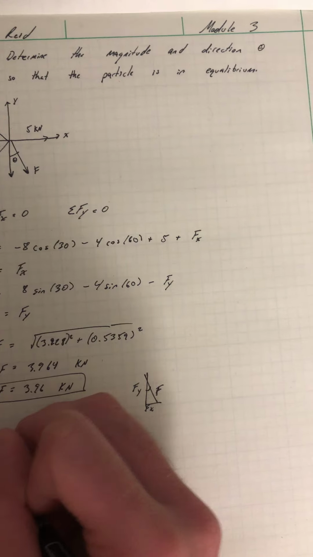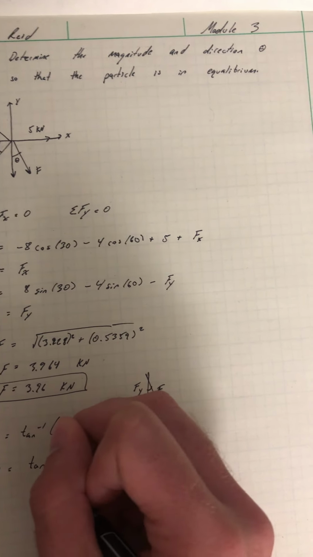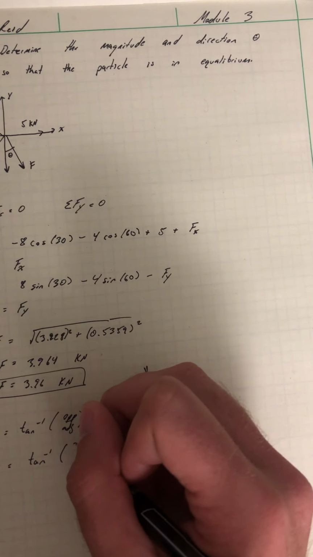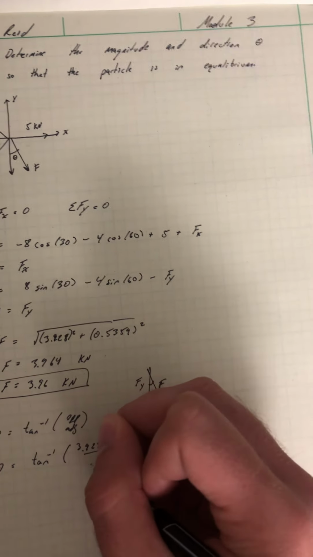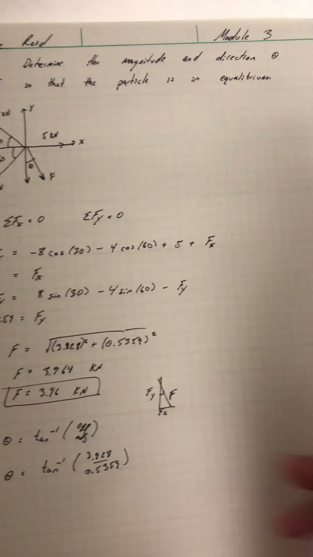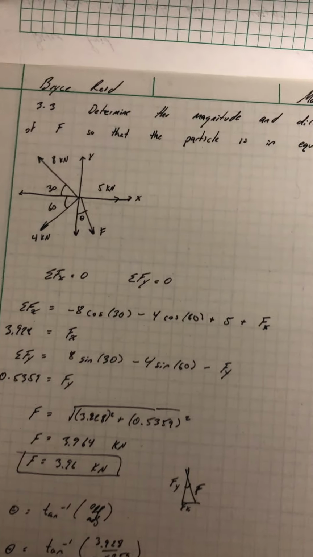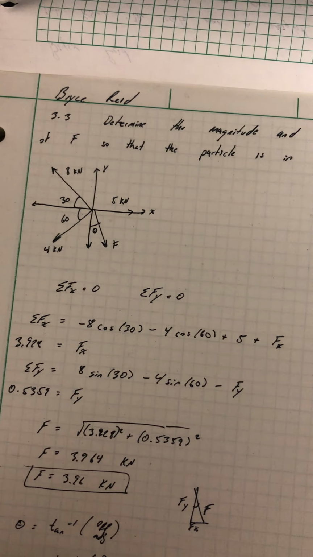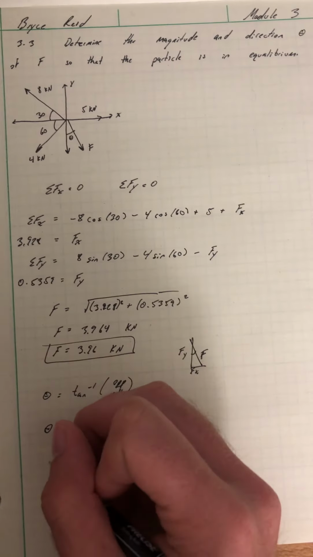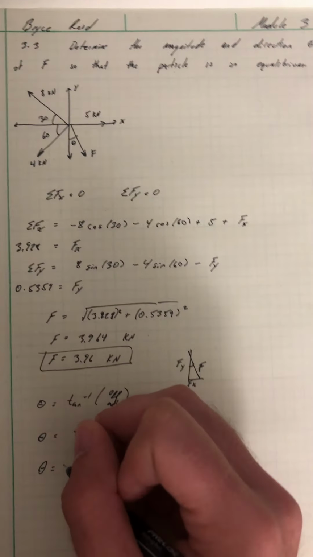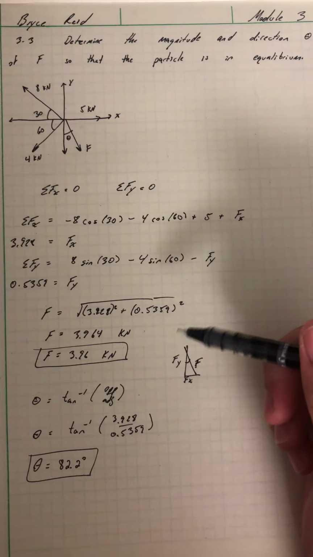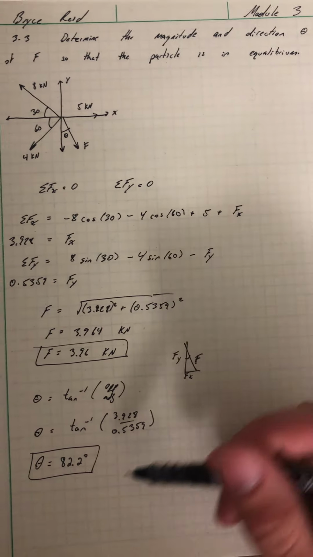So our angle equals the inverse tangent with 3.928 on top, 0.5359 on bottom. That gives me the angle 82.2 degrees. And now we found our final magnitude and our angle.